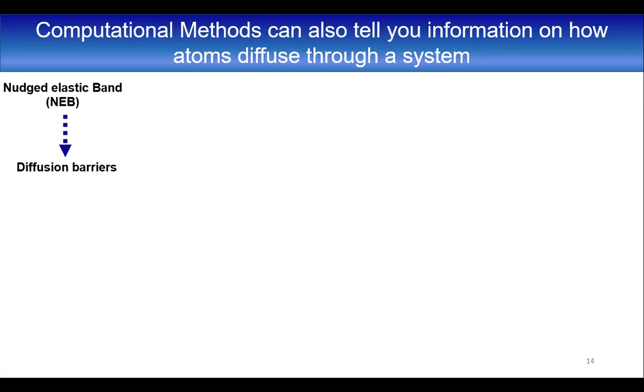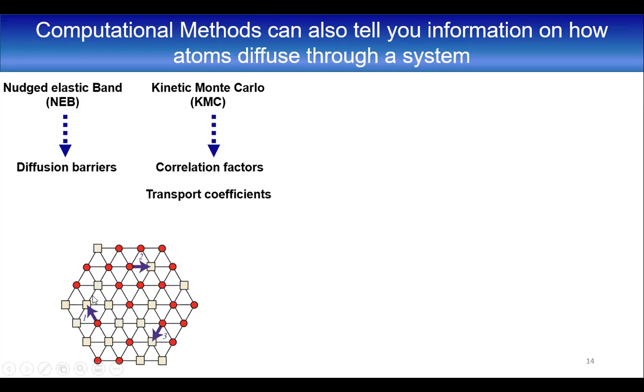You could also, as I said before, use these computational methods to look at how atoms diffuse through a system. There's a particular method called nudged elastic band, where if you go to the very dilute limit and make a very large main structure and put a lithium somewhere in it, you could see what the energy is of having lithium go from here to here, as opposed to here.